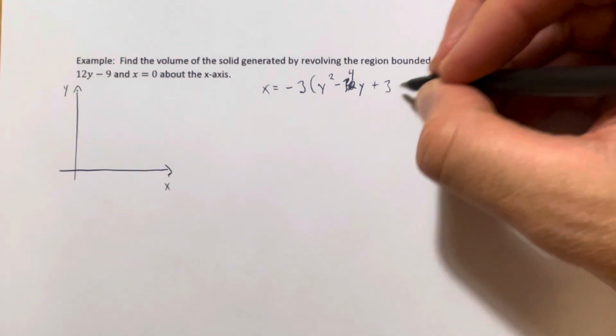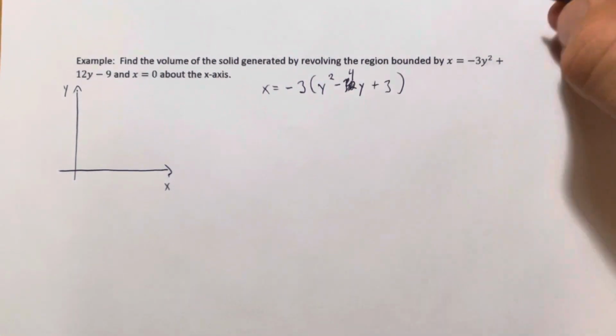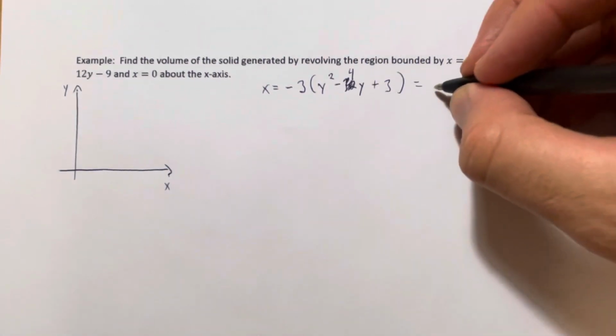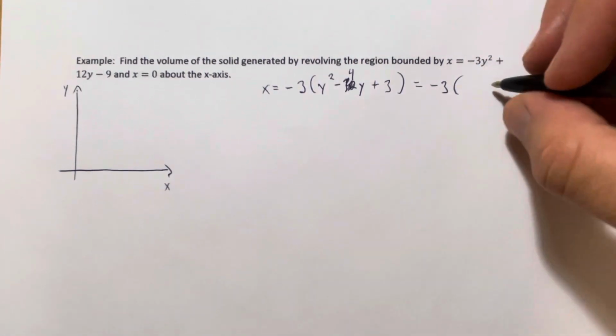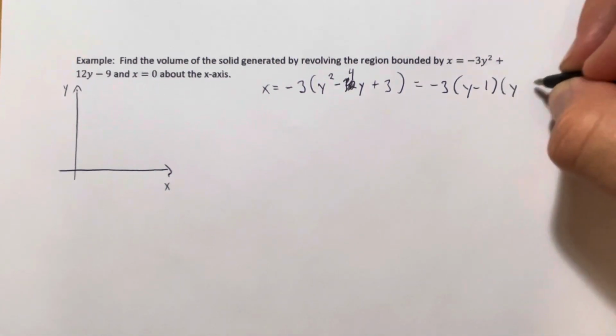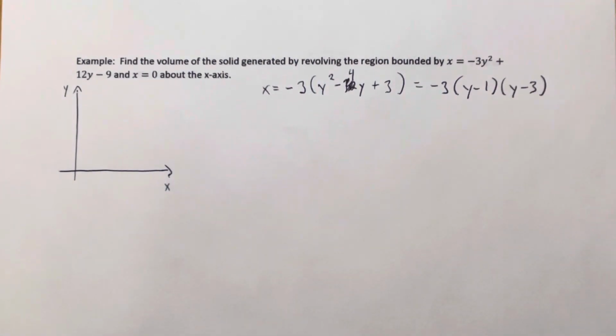And then plus 3 here. Sorry, that's sloppy. This quadratic here can be factored even further. So I get negative 3 times y minus 1, y minus 3. That's how we can factor this, okay?